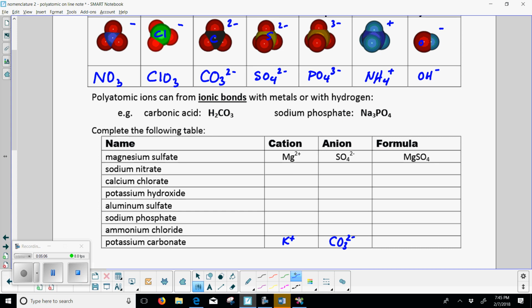And then you cross over, and when you cross over, we end up with 2 potassium, so K2, and 1 carbonate. So there's my polyatomic salt, we say. It's a salt because it's a polyatomic that's associated with a metal.